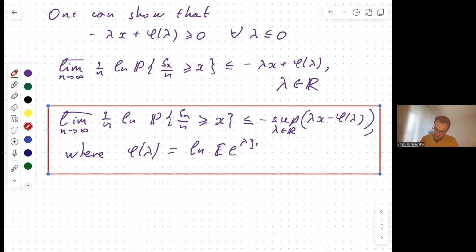But to prove the lower bound is much more complicated. To be able to do that, first we need to understand the properties of this function phi a little bit. Also, we need to discuss this supremum, try to understand some properties, and then using some properties of the right-hand side here, we will be able to obtain the estimate from below.